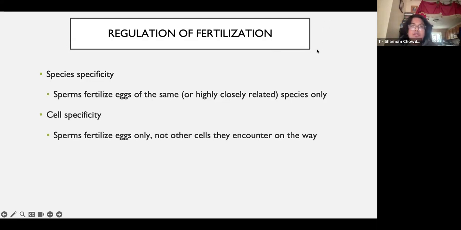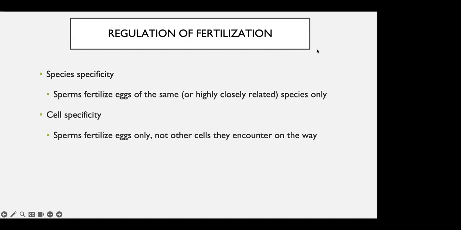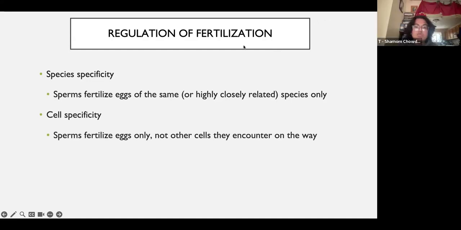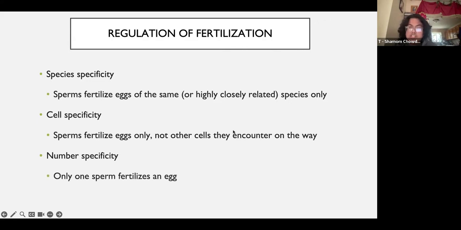A sperm can't fertilize, like, the endometrium lining of the uterus. It can only fertilize an egg. And then number specificity, which is that only one sperm can fertilize an egg. You can't have multiple sperm do it.